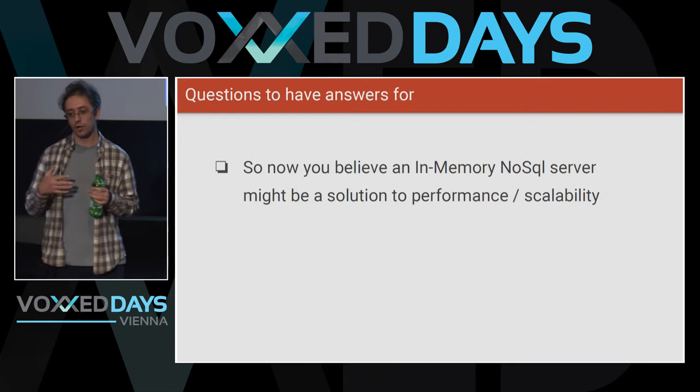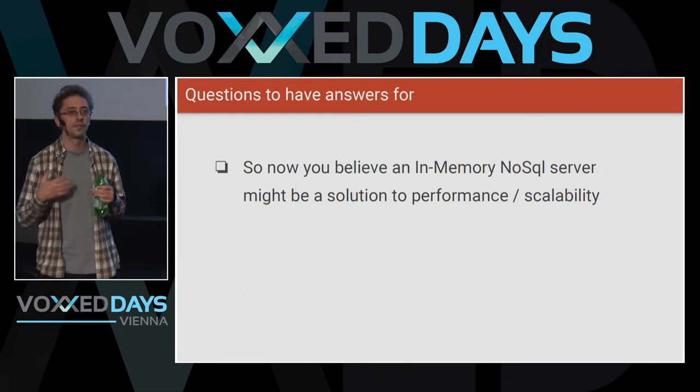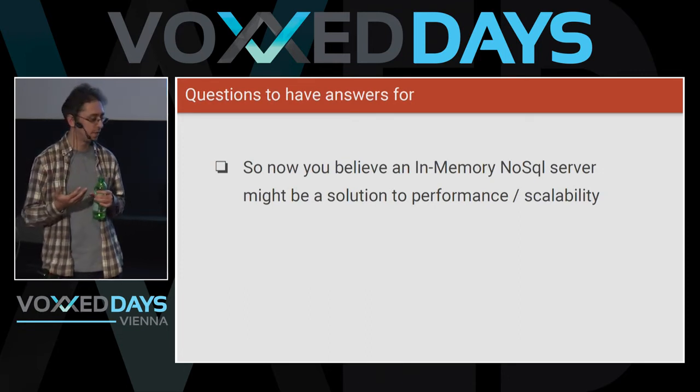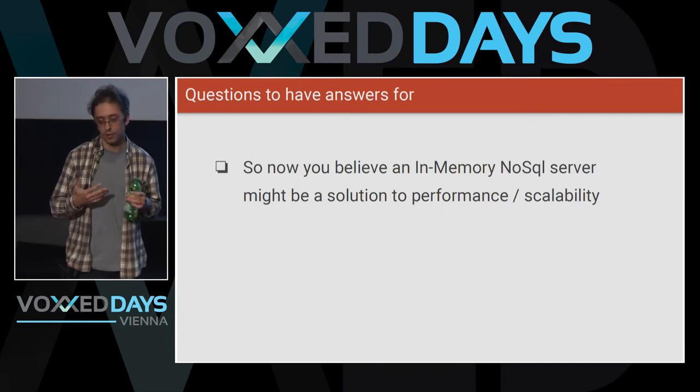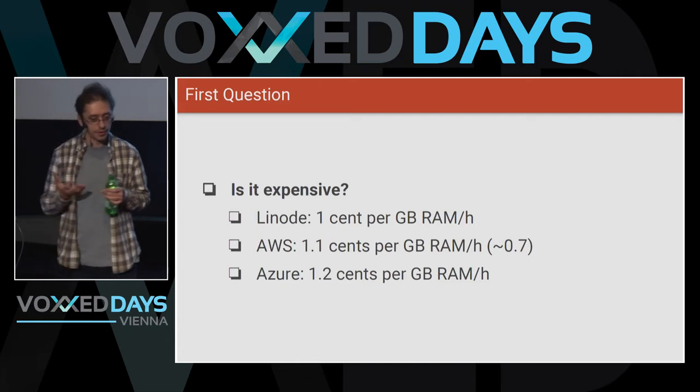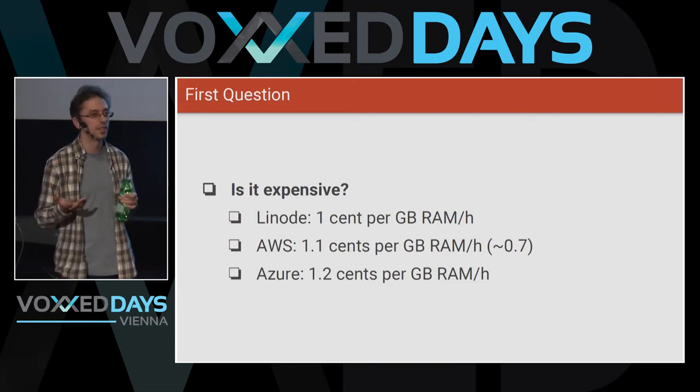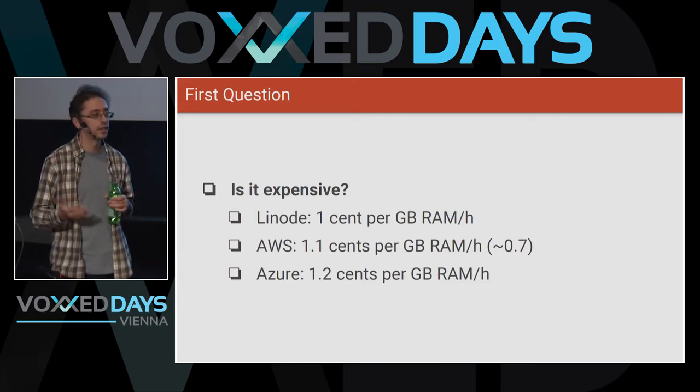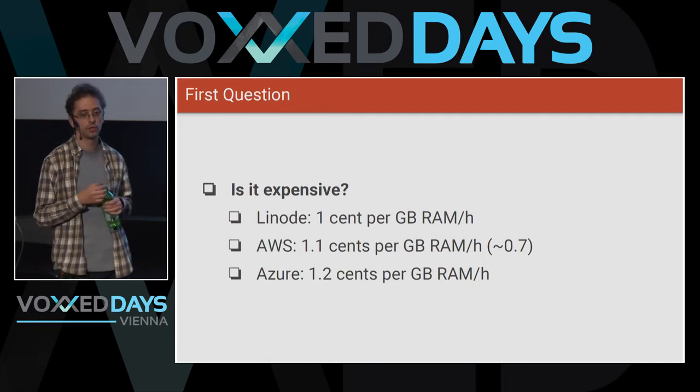And if you are going to do that, you need to have some things in mind. You need to consider some of the things. If you're going to talk to the management, they're going to ask you how much it will cost. How many machines do we need? You need to be able to do your calculations.